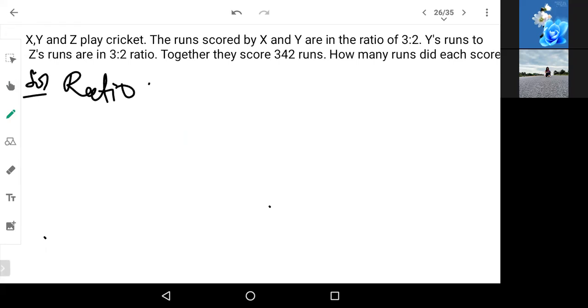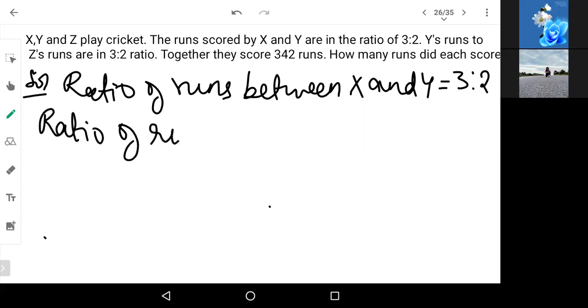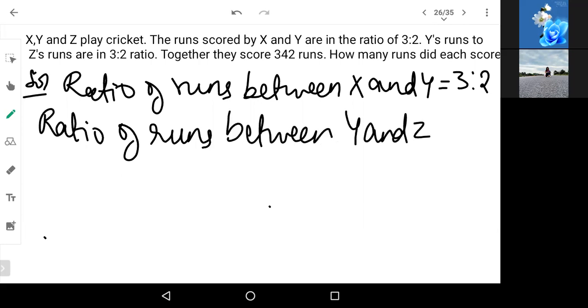ratio of runs between X and Y is 3 is to 2, and ratio of runs between Y and Z is also 3 is to 2.